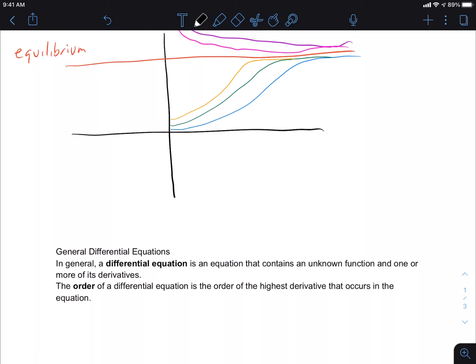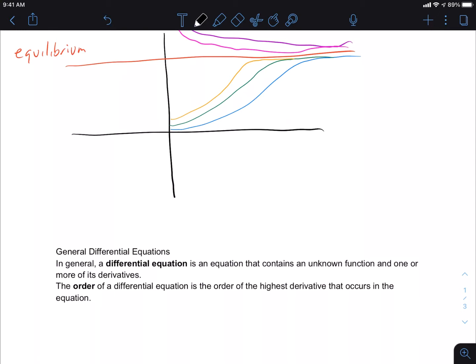Now, there's also a term called order. The order of the differential equation is its highest derivative. So you can have first order, second order, third order, 12th order. It's just what the highest derivative is. In order to be able to solve an equation, the higher the order, the higher the number of initial conditions we'll need.